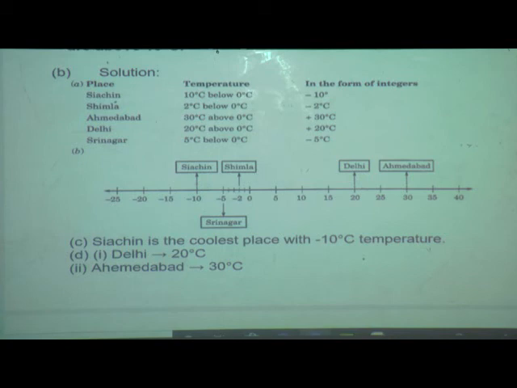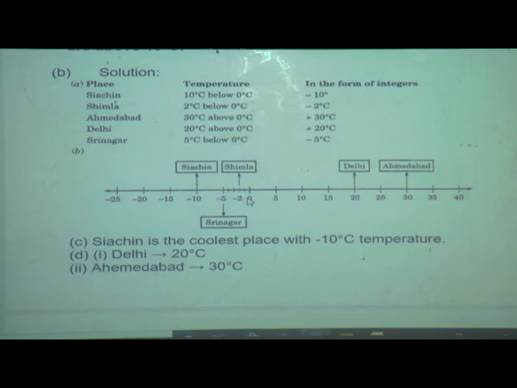So let us see first, it's Siachen. Siachen has minus 10 degrees centigrade. Minus 10 means from 0 we have to move towards the left side, and here it's minus 10. So we name minus 10 as Siachen. Okay, next Shimla, we have minus 2 degrees centigrade. Now minus 2, we have to move left from 0.